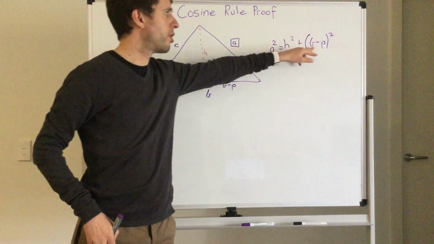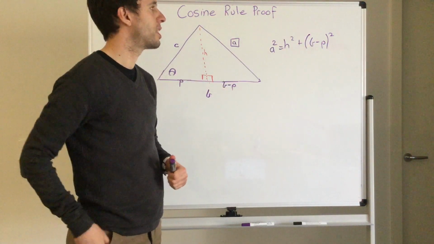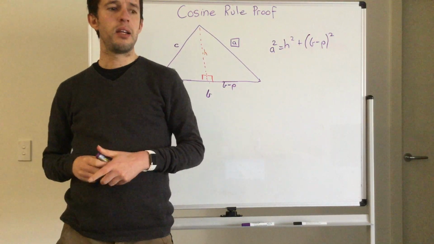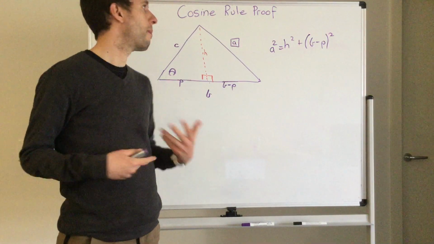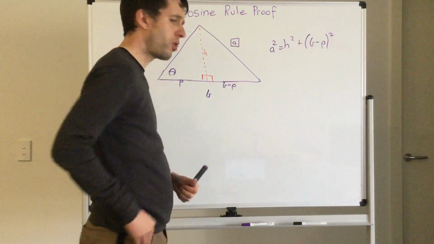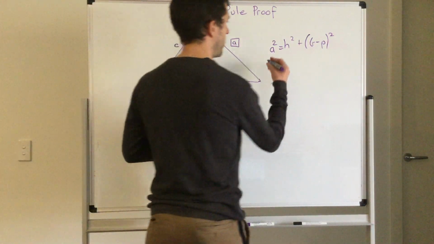I can also expand that, because B take P in brackets squared just means B take P in brackets times B take P. So I'm going to rewrite that so we can expand it.